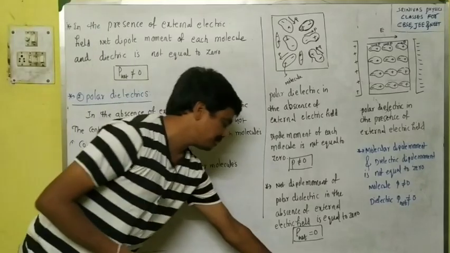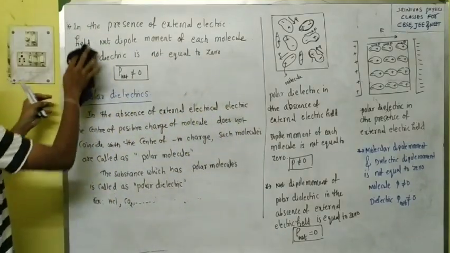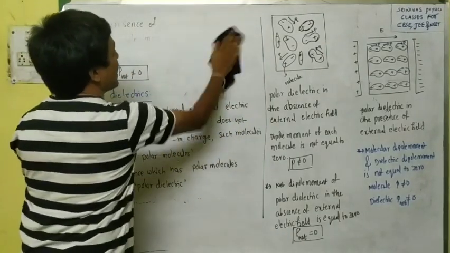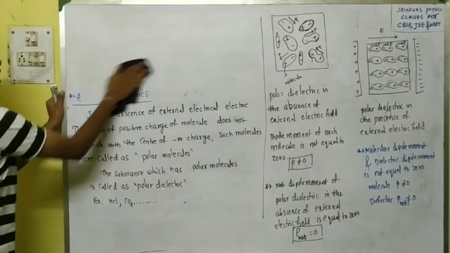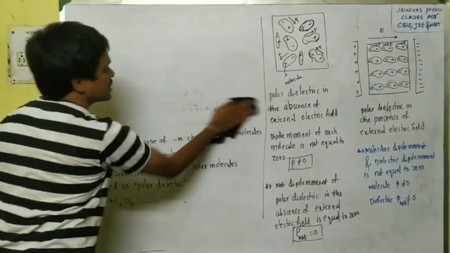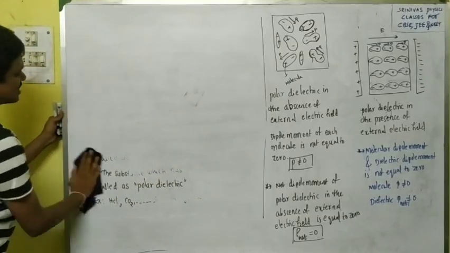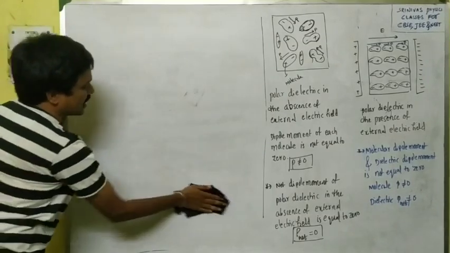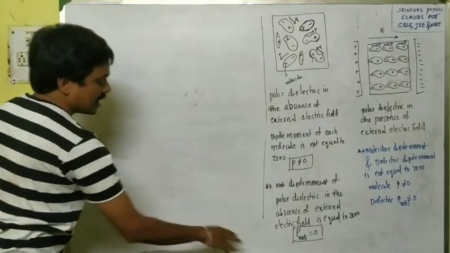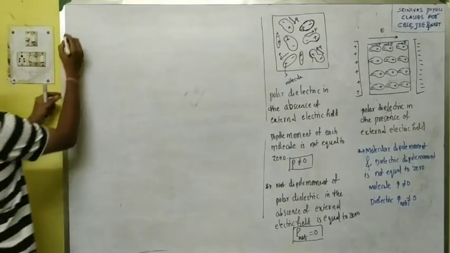Let us see. If we place a dielectric in the external electric field, how much charge is induced in it? That I am going to explain. We almost discussed the behavior of dielectrics in the external electric field, but once again we will revise it.